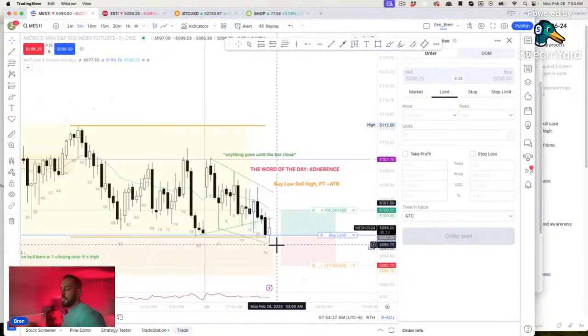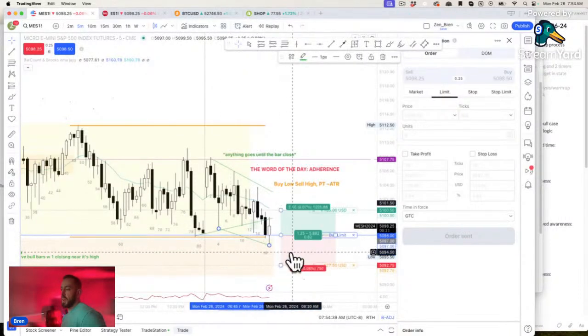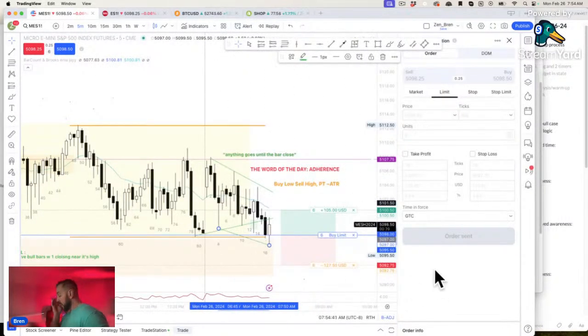Wedge bottom. Wedge bottom, buying at the bottom of a trading range. Decent entry.